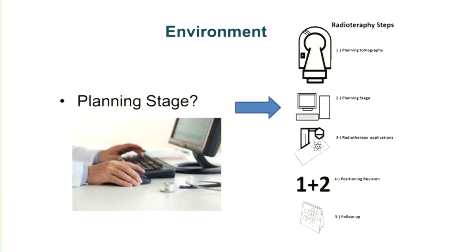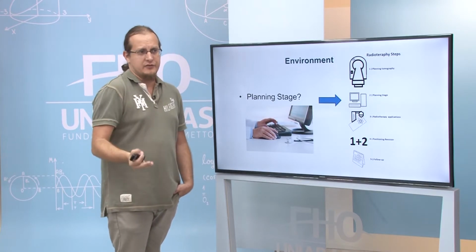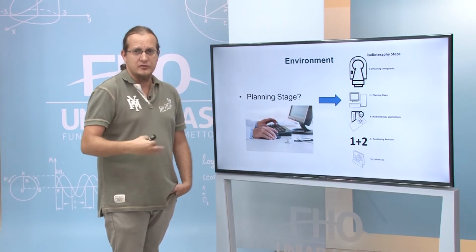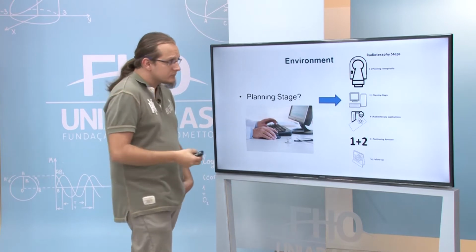The first of the 5 steps of radiotherapy is a planning tomography. Planning tomography, or computed tomography, slices the human body to plan the surgery or the radiotherapy session.